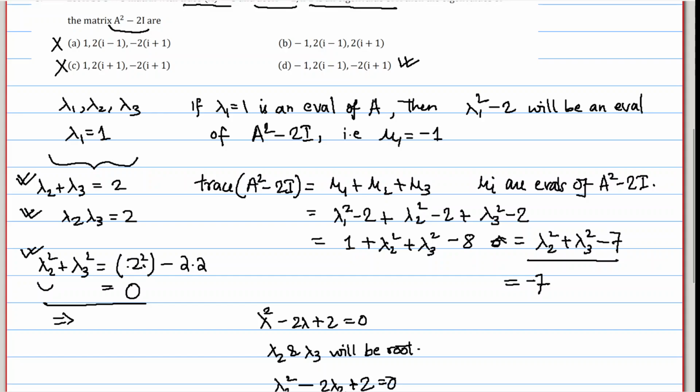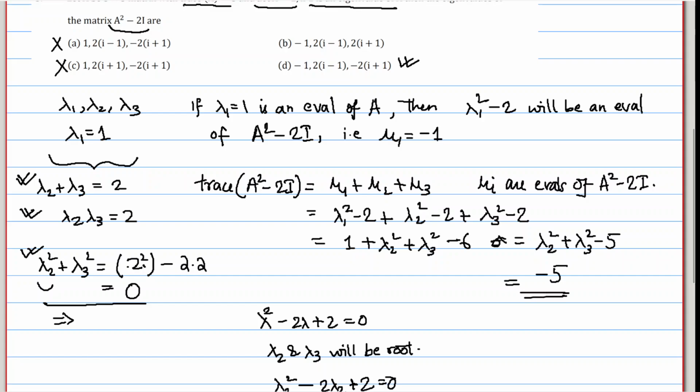Lambda square minus 2, what will it be? Minus 5 should come, no? Minus 5. I mean, it should be this thing, no? Oh, it's my actual computation mistake, man. This should be minus 6, no? This is minus 5, right?